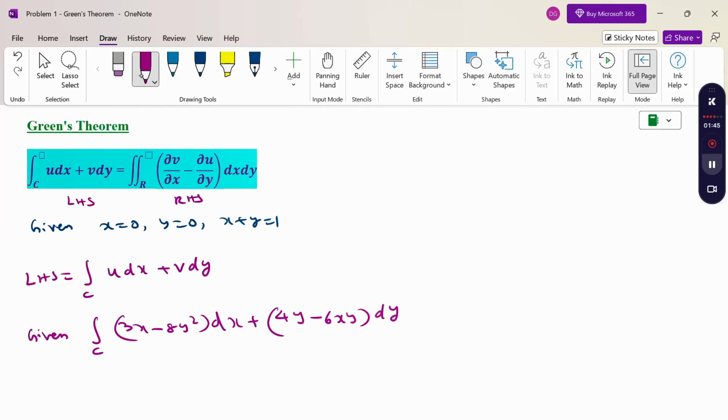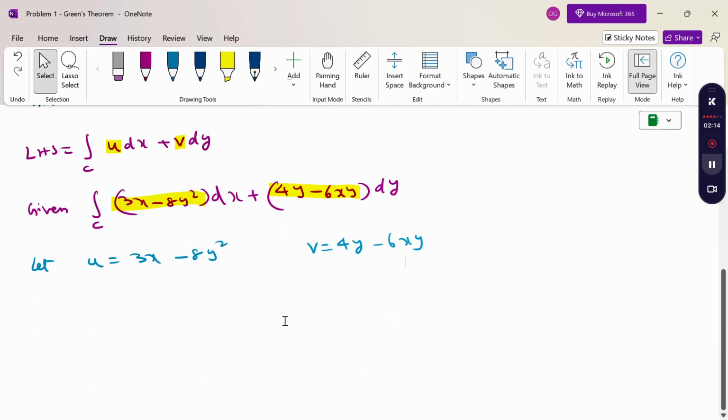Comparing with the statement, the coefficient of dx is u and the coefficient of dy is v. So let u equal 3x minus 8y squared, and v equal 4y minus 6xy.